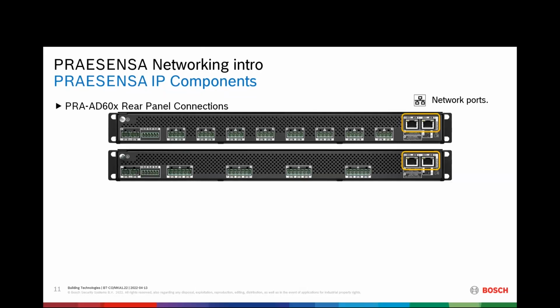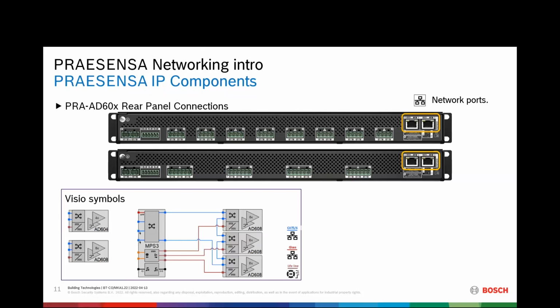These are standard Ethernet network ports, which are pre-configured and optimized for real-time audio, which we need to be sure that all the audio is always at exactly the same moment at every output. So if this amplifier would be at another location, you still want to have both at the same time. That kind of thing is all managed in these switches. Both have 2 network ports which you can use for your network design to interconnect to the rest of the PRAESENSA system.